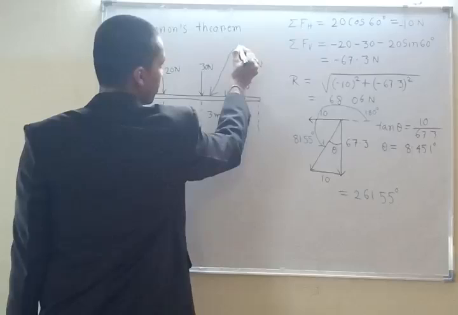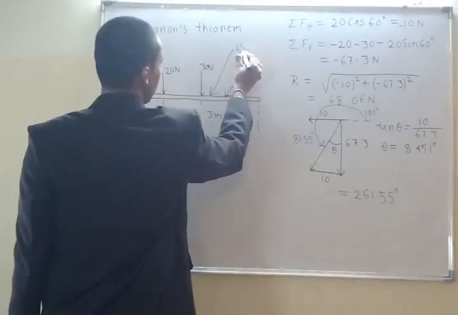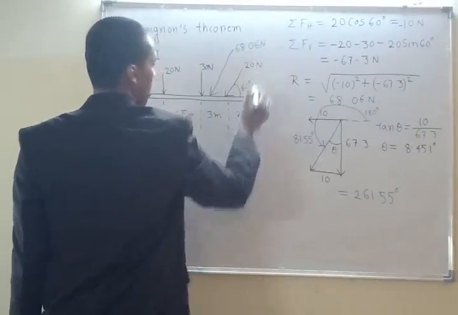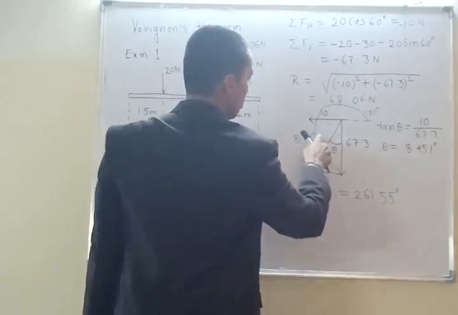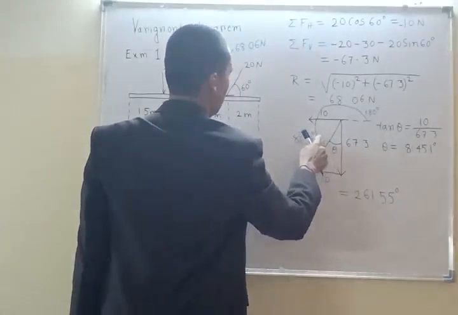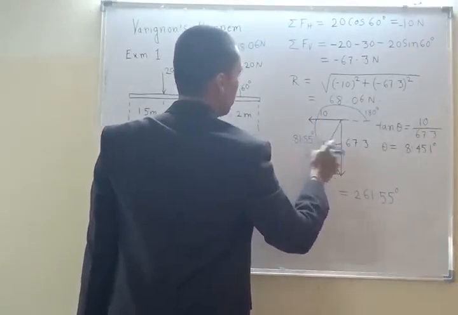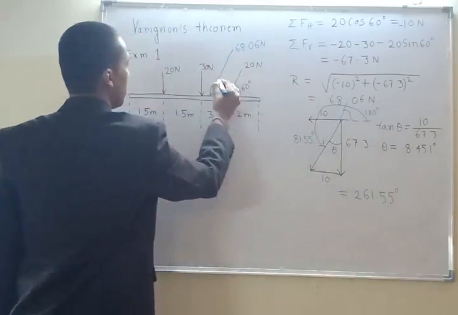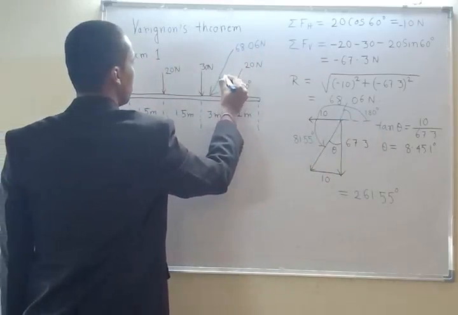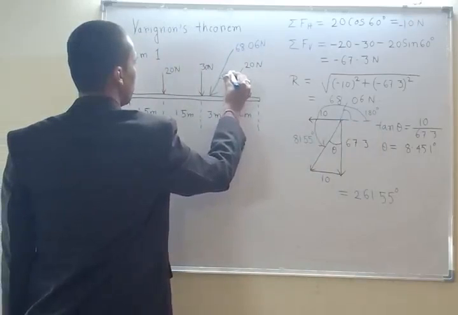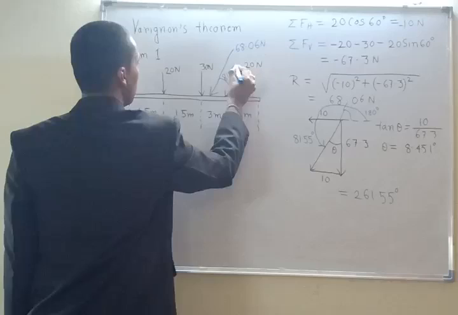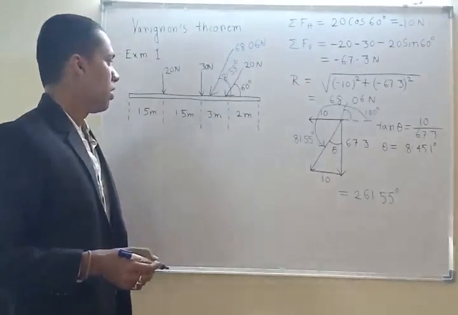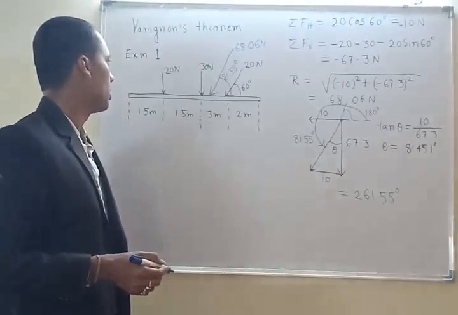This is 68.06 Newton, and if this angle is 81.55, then this angle is also going to be 81.55 degrees.